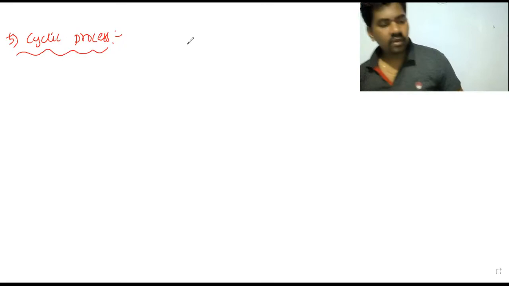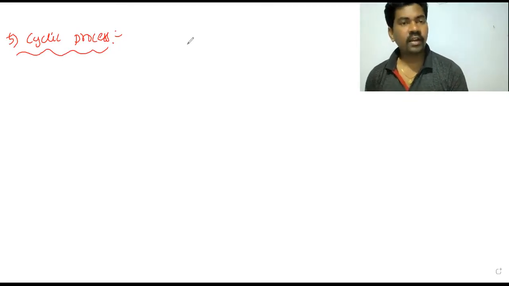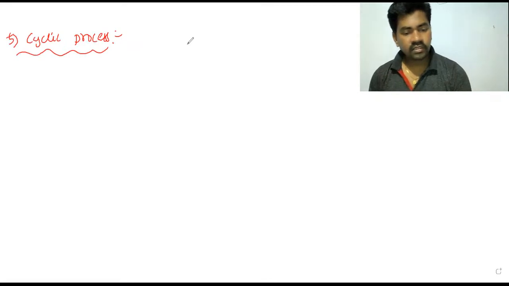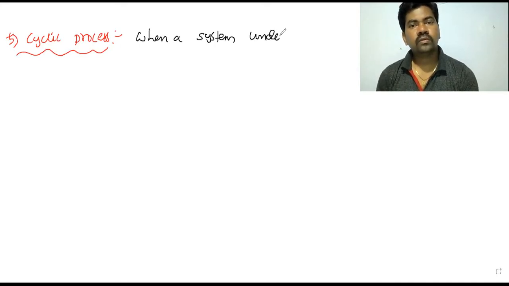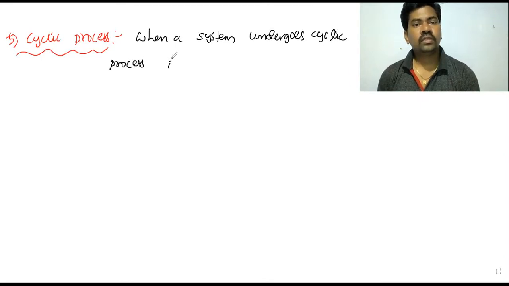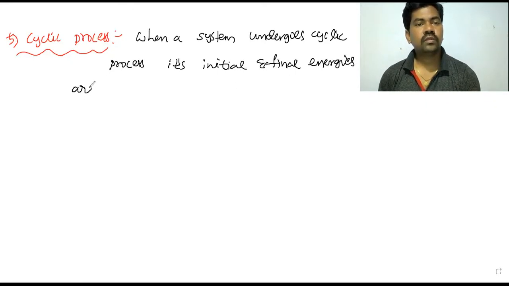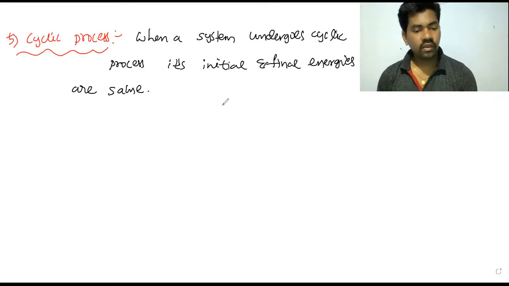When a system undergoes a cyclic process, its initial and final internal energies are the same.